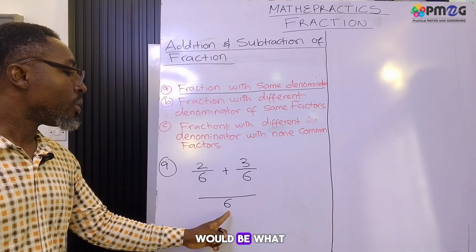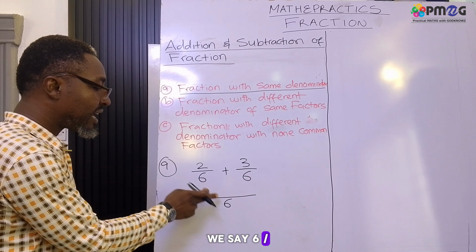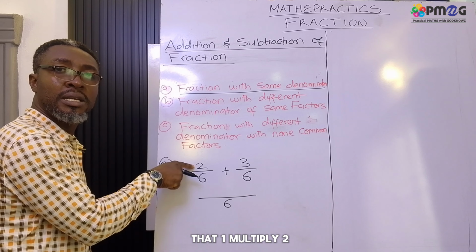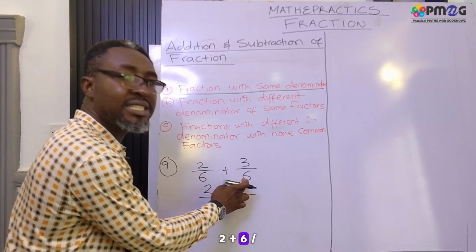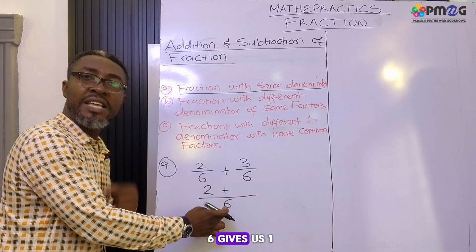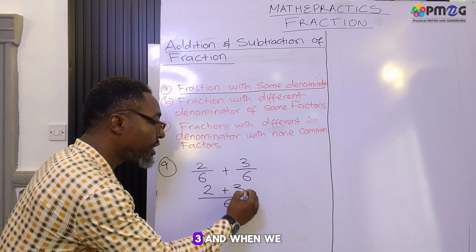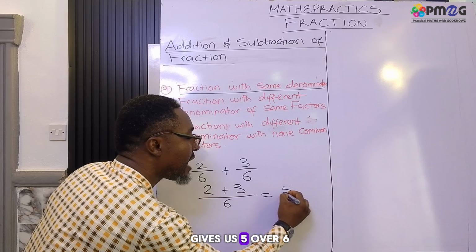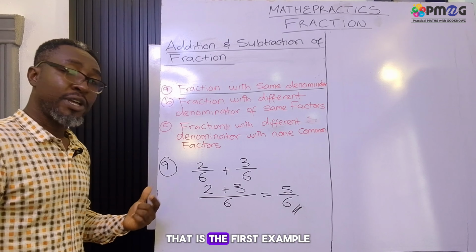So we say 6 divided by 6 gives us 1. That 1 multiplied by 2 gives us 2, plus 6 divided by 6 gives us 1. That 1 multiplied by 3 gives us 3. And when we add 2 plus 3, we get 5 over 6.